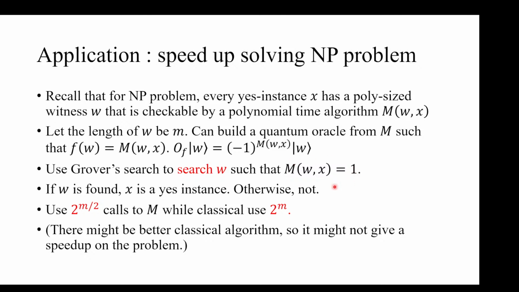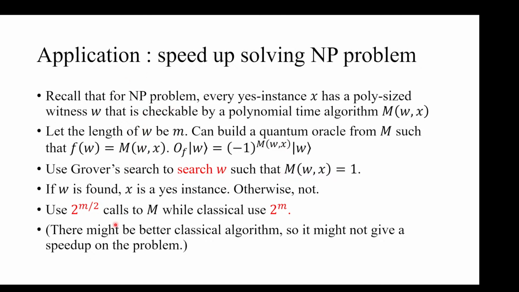So you are basically searching over a witness that will verify that x is a yes instance. If this witness is found, then we know x is a yes instance. And by the promise of an NP problem, if x is a no instance, you cannot find such a witness. So this global search will solve your NP problem.